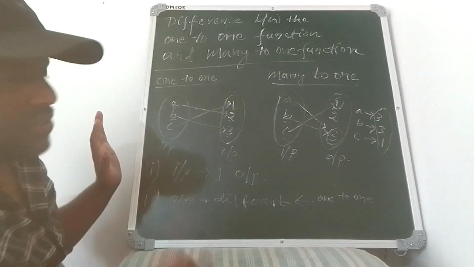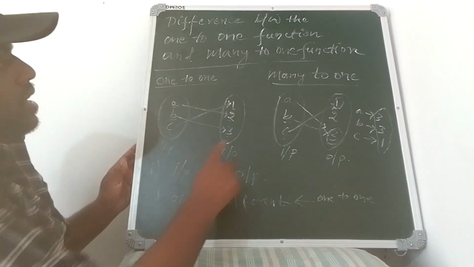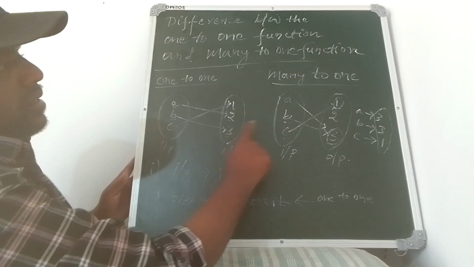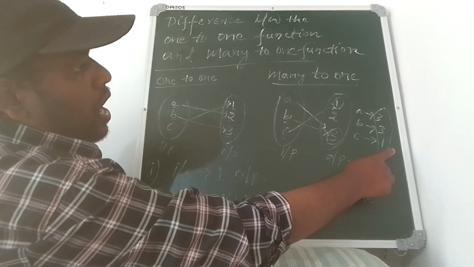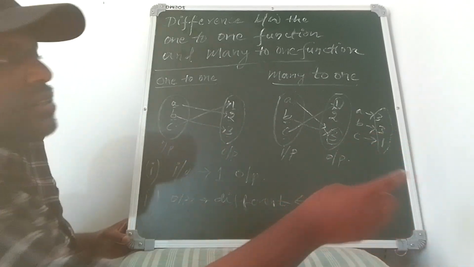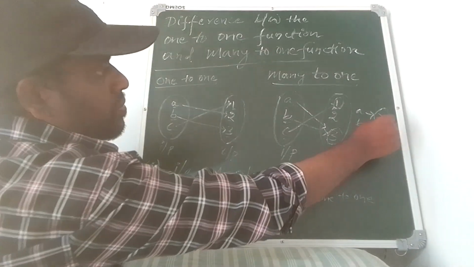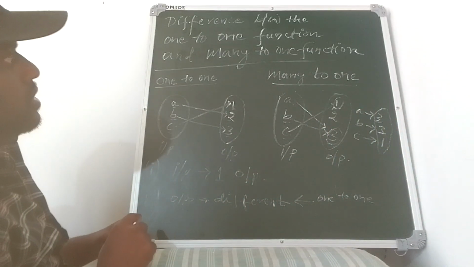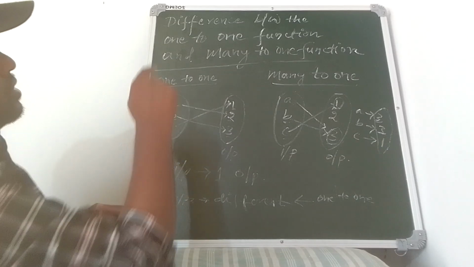Now we got it. What's the difference between this and this? Outputs are different in this case. Here outputs are same, 3 and 3. So that is the difference.